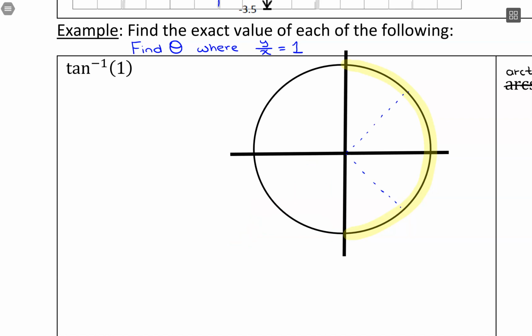So that's not a possibility. So I'm going to have to be up here. And if that input was a negative 1, then that would put us down there, because that's where we would have a positive x, negative y. So when we divide, that would make a negative. But since it's positive, we're up here. And that angle measurement that we're looking for is positive pi over 4.